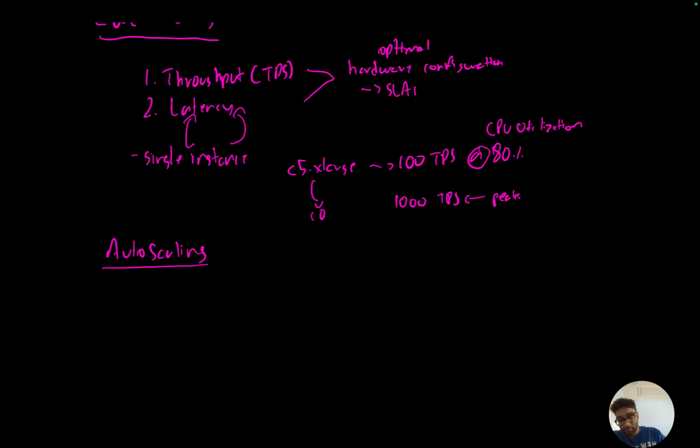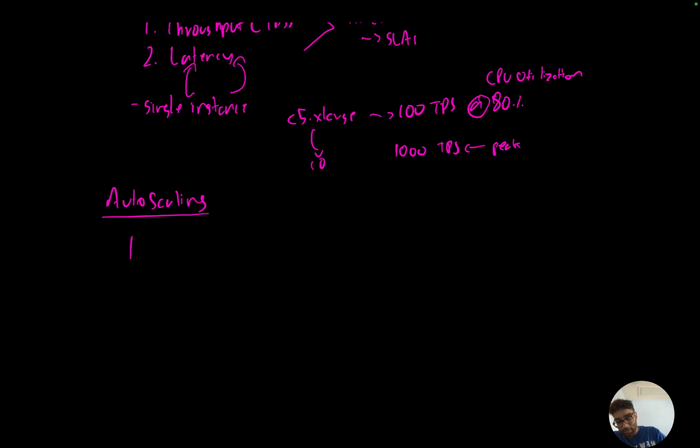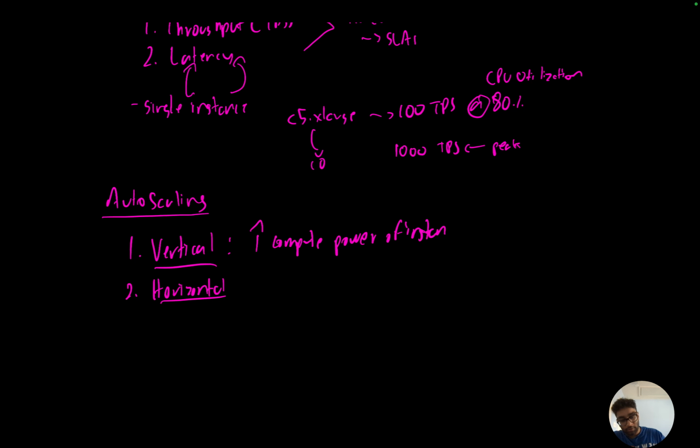And specifically within scaling, there's two types of scaling that I wanted to cover, but today we'll be talking specifically of one. There's vertical and horizontal. Within vertical scaling, you can increase the compute power of the instance itself. And what I mean by this is, let's say, returning to that same example, we have a C5 xlarge, and this has maybe, and these are probably the wrong numbers, I don't remember the exact count, two CPU cores.